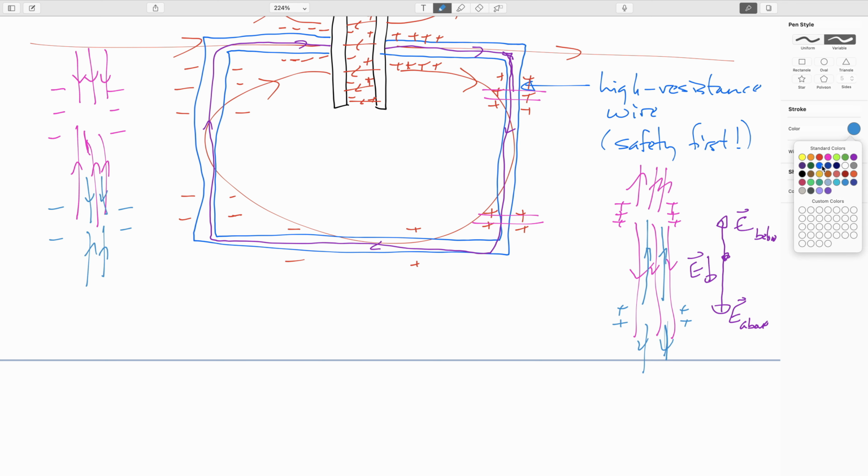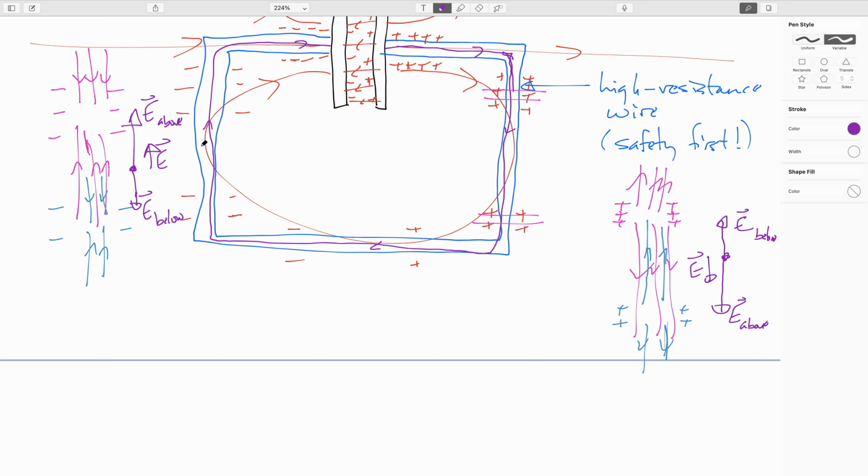So then again, right here, the contribution from above will be pointing upward. And the contribution from below will be pointing downward, but weaker, to give me a net electric field pointing up, which is what we should have right here.